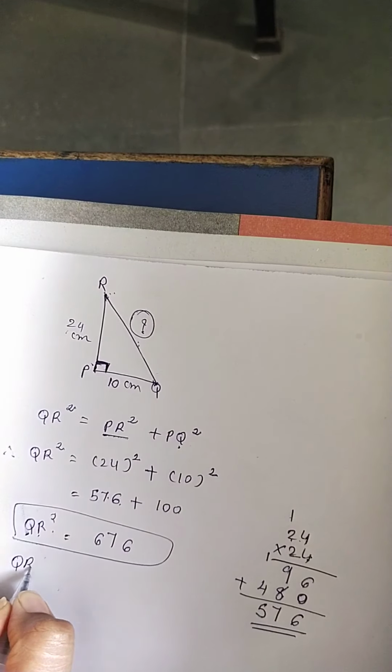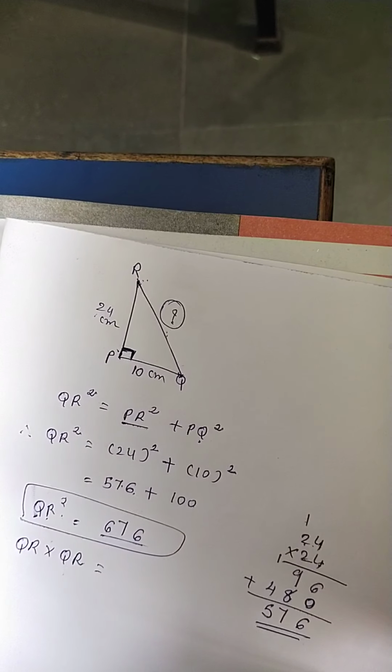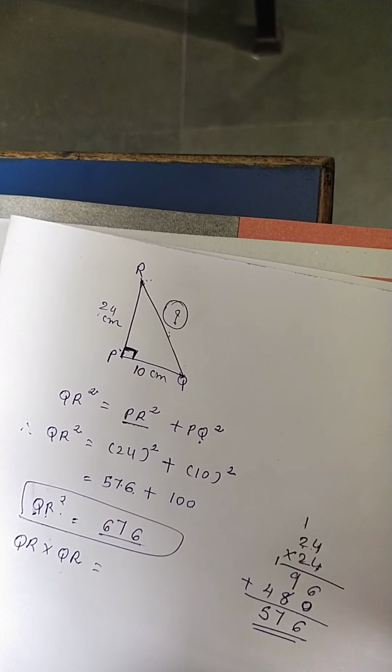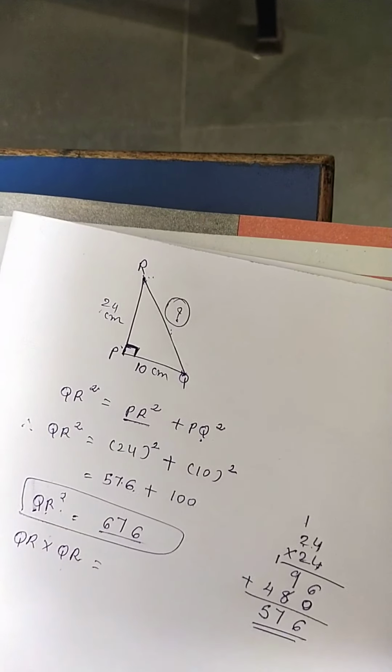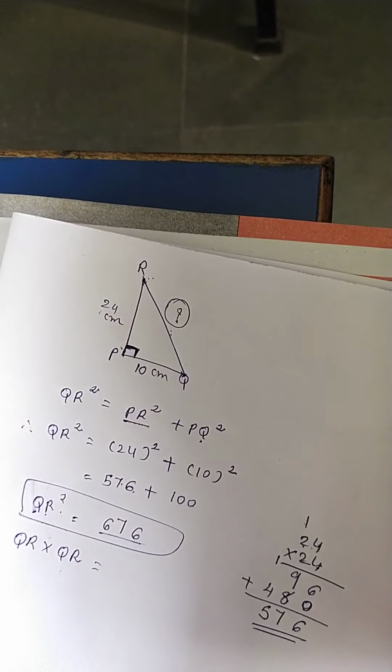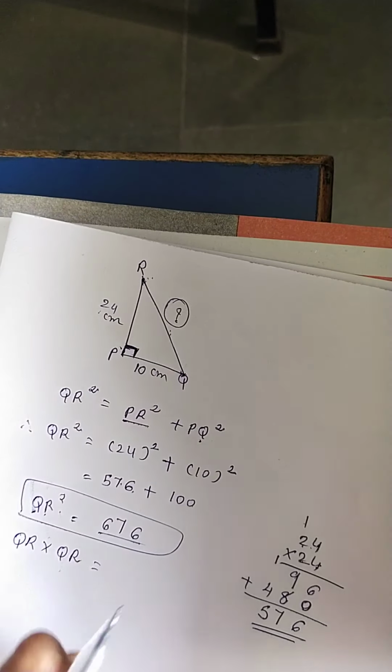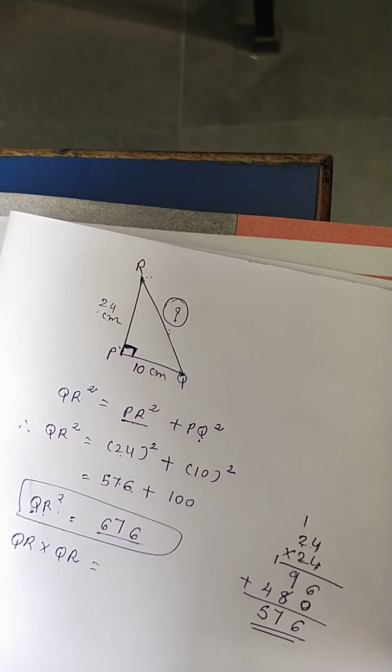QR square means QR multiplied by QR. So we have to find out which number we can multiply like this way. Easily you can find out if you know the tables properly. So here what you have to do, students? Already 24 multiplied by 24 is 576.